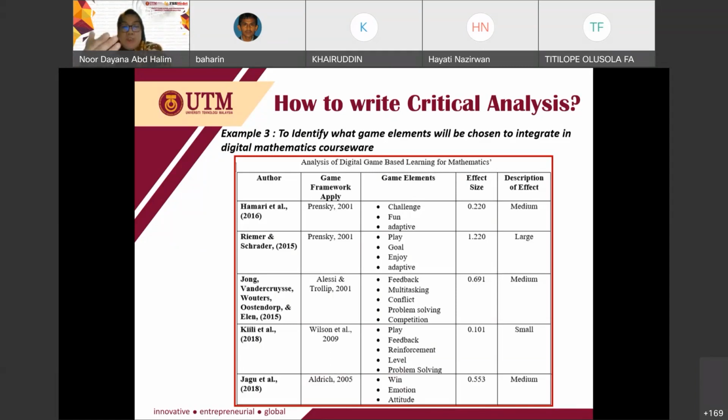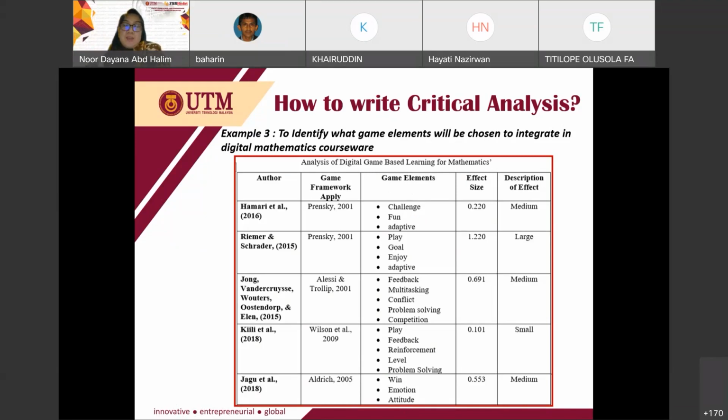So he found many articles, many previous authors, that listed the game elements. He listed them down here, and then he will select the most important game elements. From this table, you can see that, for example, the fun element is frequently used by other researchers.